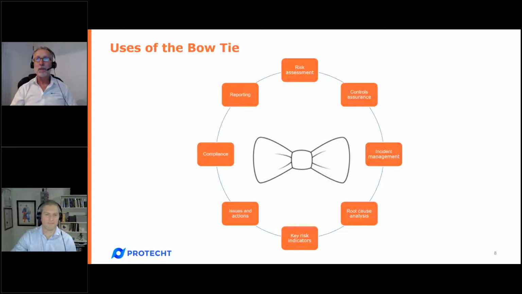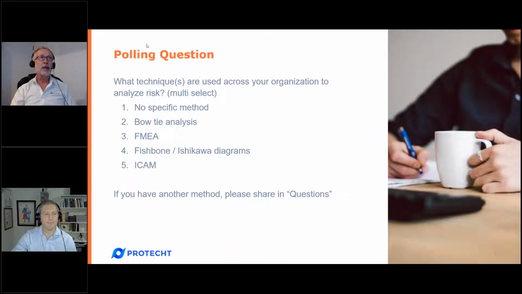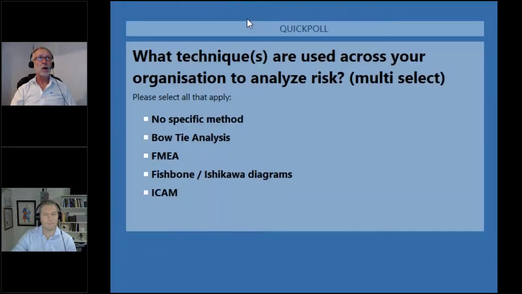Now, what I'd like to do is dive straight into our first poll just to get a bit of an understanding of who we've got online. And I would love to understand what techniques are used across your organisation to analyse risk. And obviously, I've only got 5 elements here. You may have some others. If so, post them in the chat box.